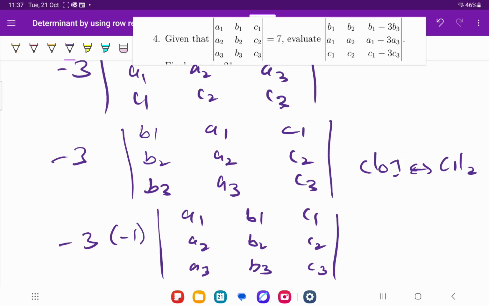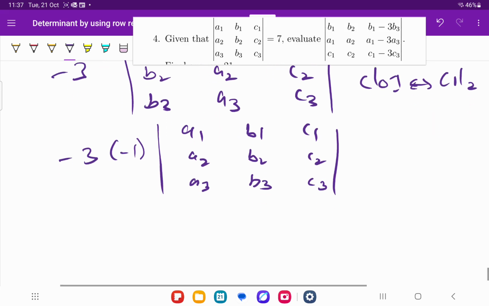Since we have switched column 2 with column 1, we have to put a minus sign outside. Okay, so now what is remaining? The same as what we have.